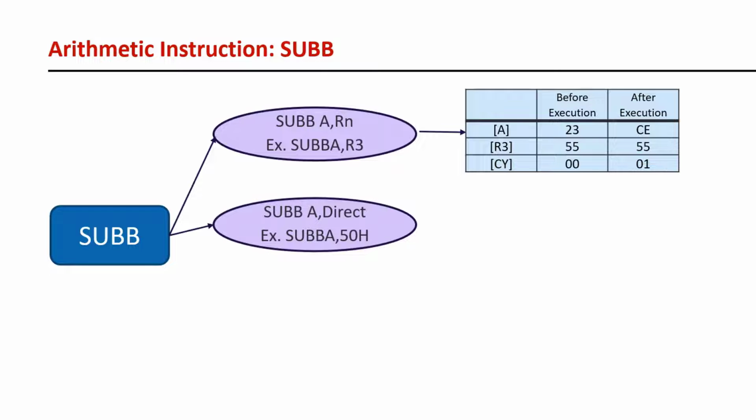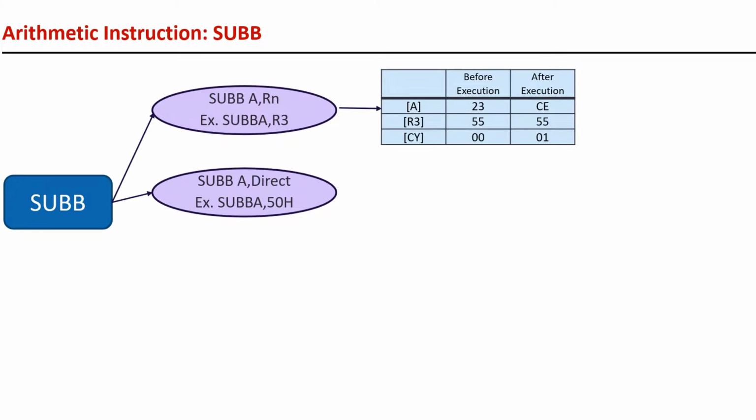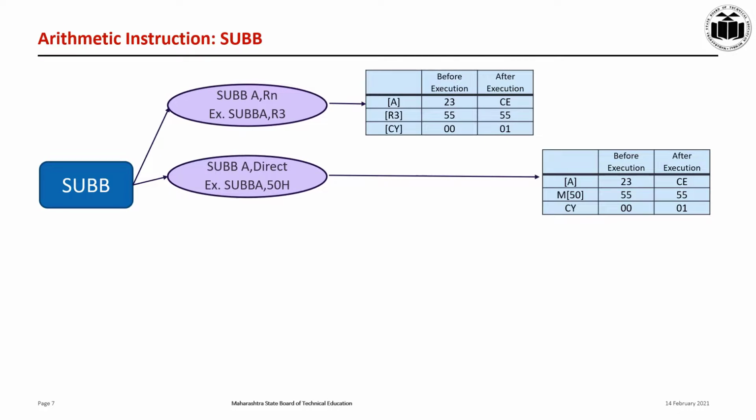SUBB A, direct. This instruction subtracts the content of direct internal memory location given in the instruction and content of carry flag from accumulator and stores the result in accumulator. SUBB A, @Ri.